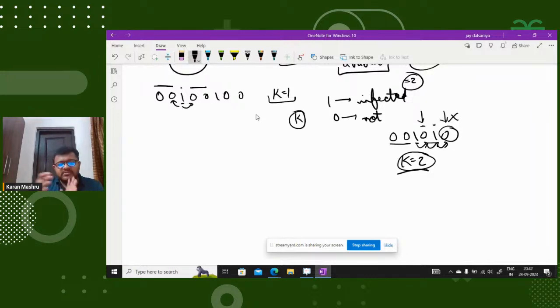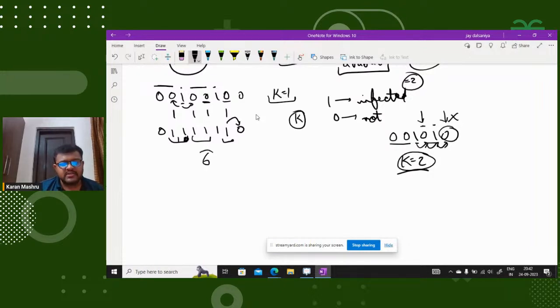So out of the k consecutive people on the left and right, those who are not infected before, you can infect them. This person can infect this and this, so it will become 1 and 1. This person can infect this and this, so it will become 1 and 1. So the final will be 0 1 1 1 1 1 1 and 0. Now these are newly infected people, and they cannot further spread the virus, which is given in the question.